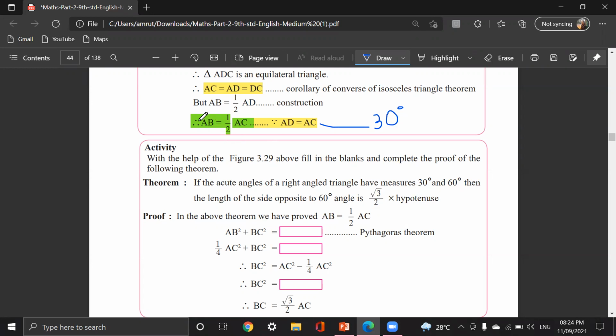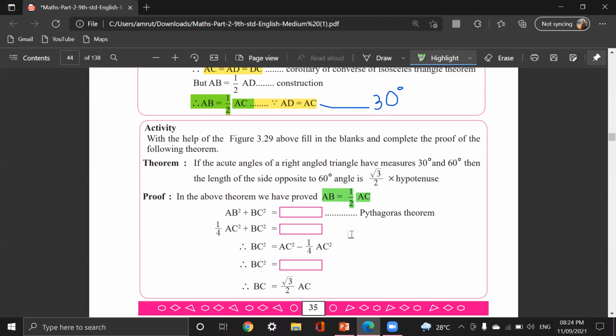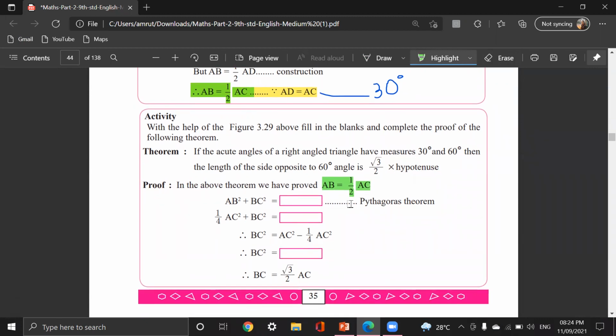We have already proved in the earlier theorem that AB is half of AC, the side opposite to 30 degrees. Now we are going to use the Pythagoras theorem.